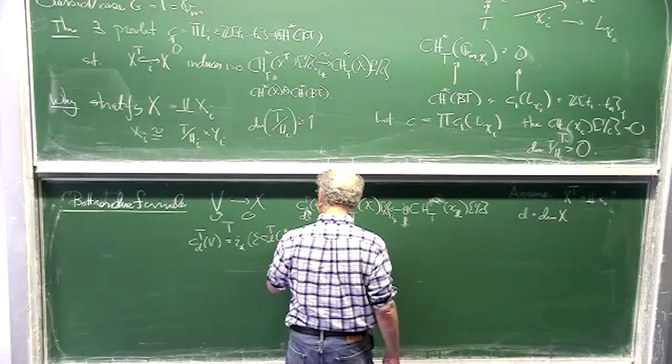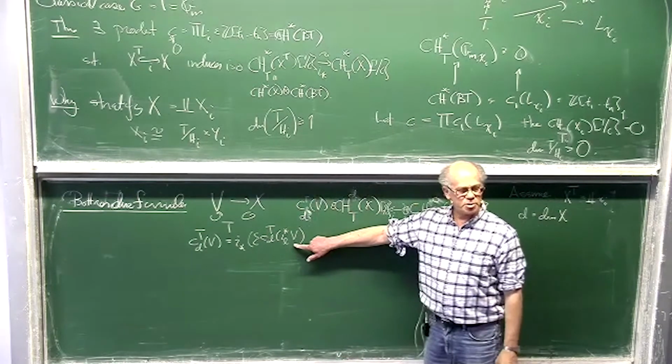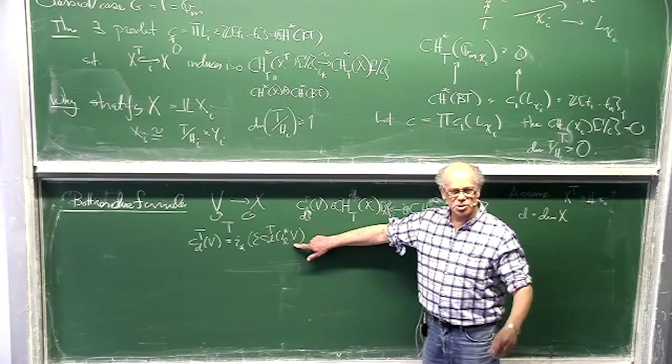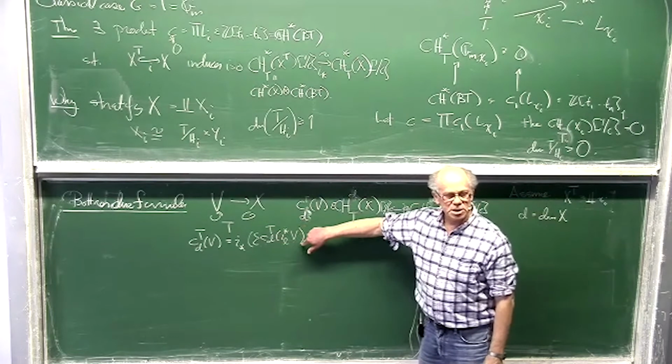So what does this mean? It's a fixed point, so this is just a representation of the torus. Right? It's a representation of the torus. So this is living in the Chow groups of BT.